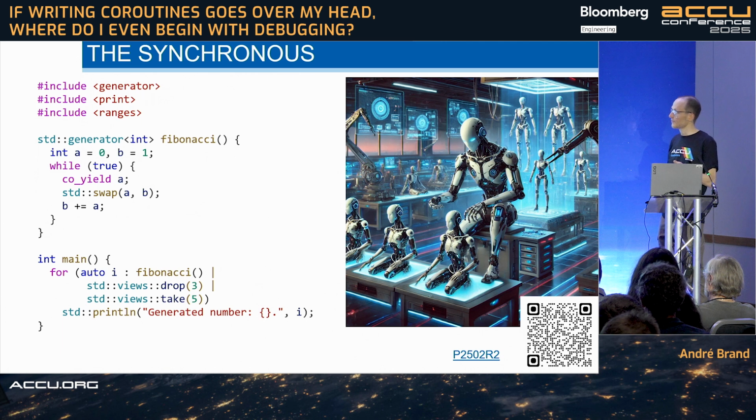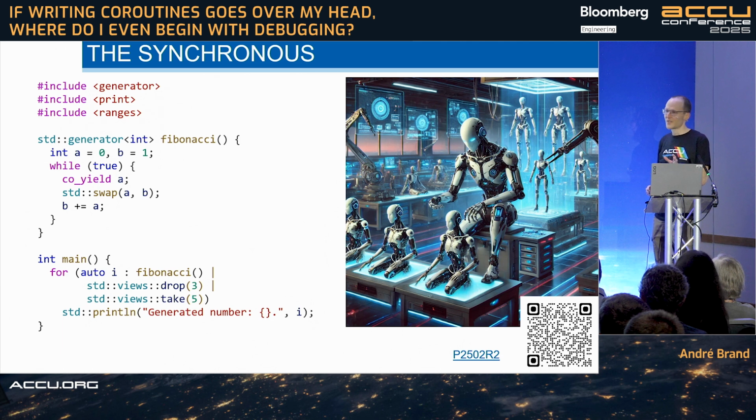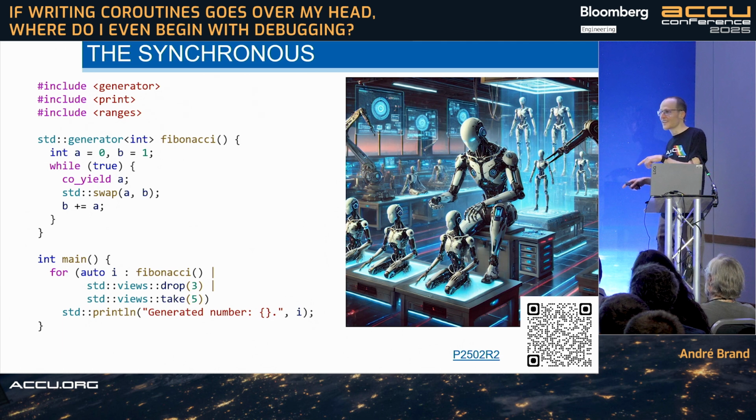On a side note, I won't be distinguishing too strictly between co-yield and co-await because from a logic perspective, they are essentially the same thing. Co-yield is just yet another callback invoked on the coroutine promise type before you actually co-await on it.